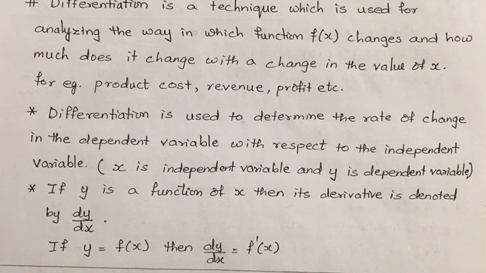So in the whole chapter, whenever we differentiate y or f(x), it will be differentiated with respect to x, where x is the independent variable and y is the dependent variable.